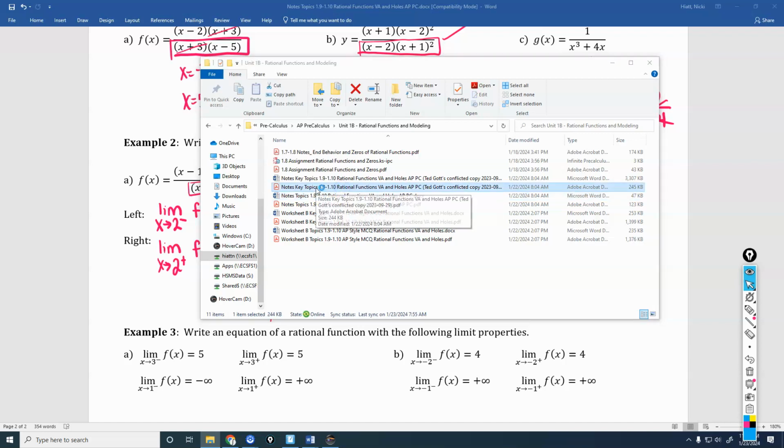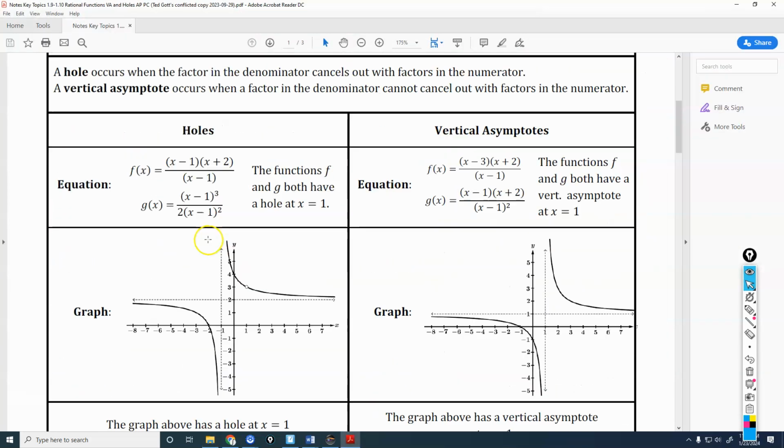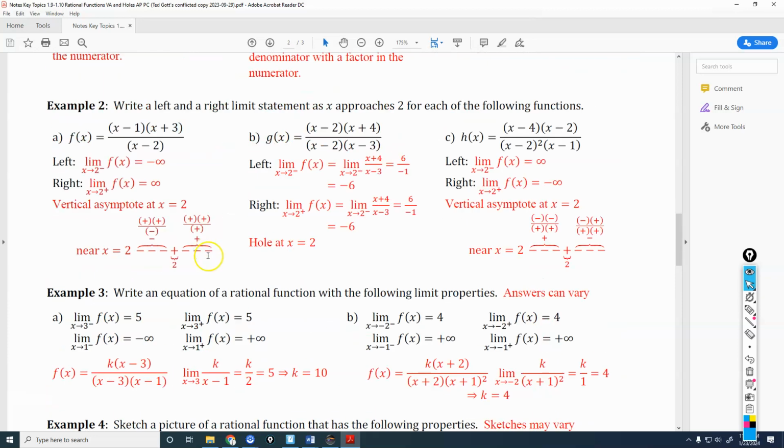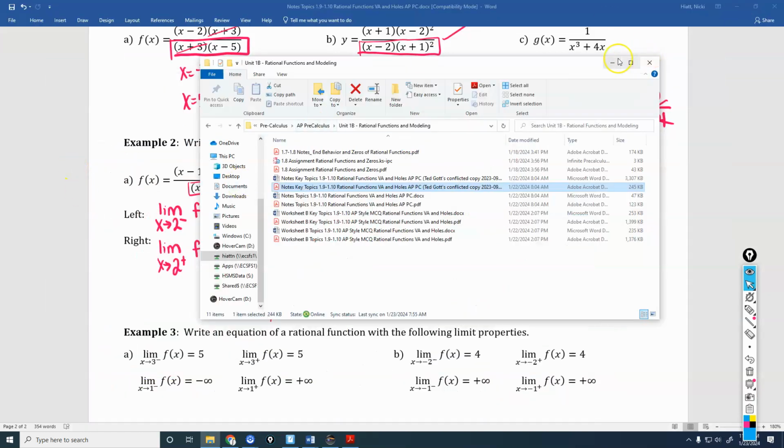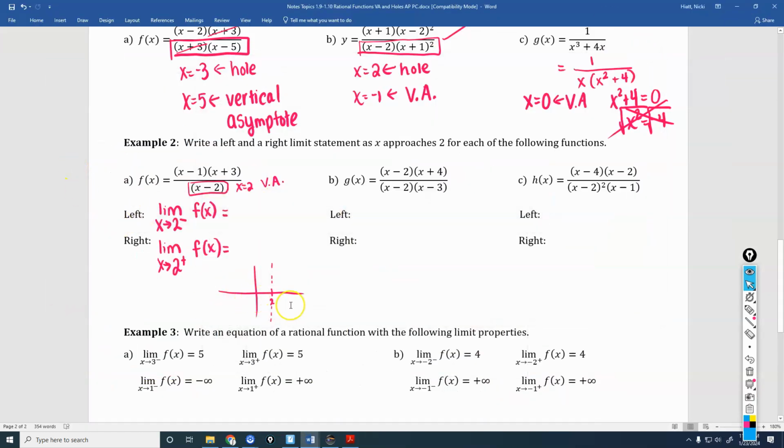Let me see if there was a shortcut he used. Okay, yeah, let's do that. Here's what he does. He just picks a number really close to 2 to see whether you're getting positive or negative values. It's a little dangerous because if you don't pick a number close enough to 2, it might not work.